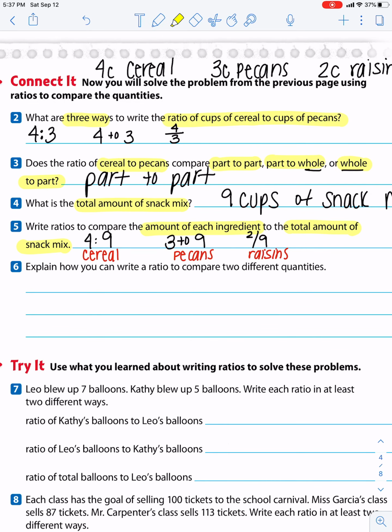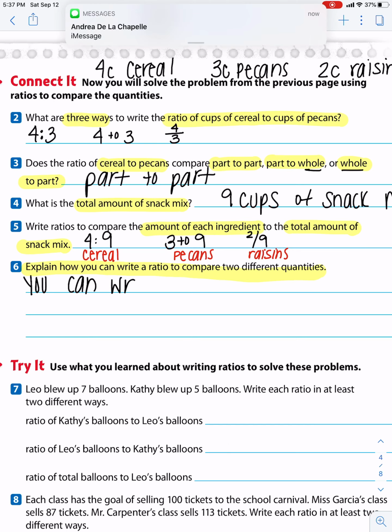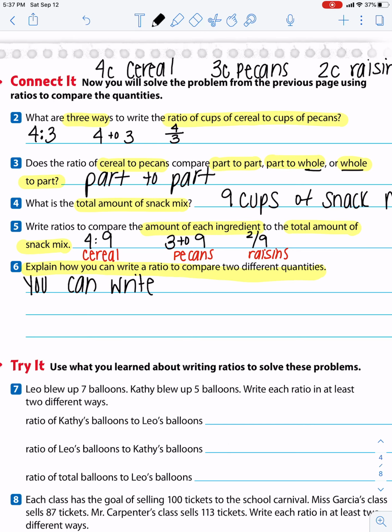We need to now explain how you can write a ratio to compare 2 different quantities. Remember, there is 3 different ways to write a ratio. So you can write a ratio 3 ways.